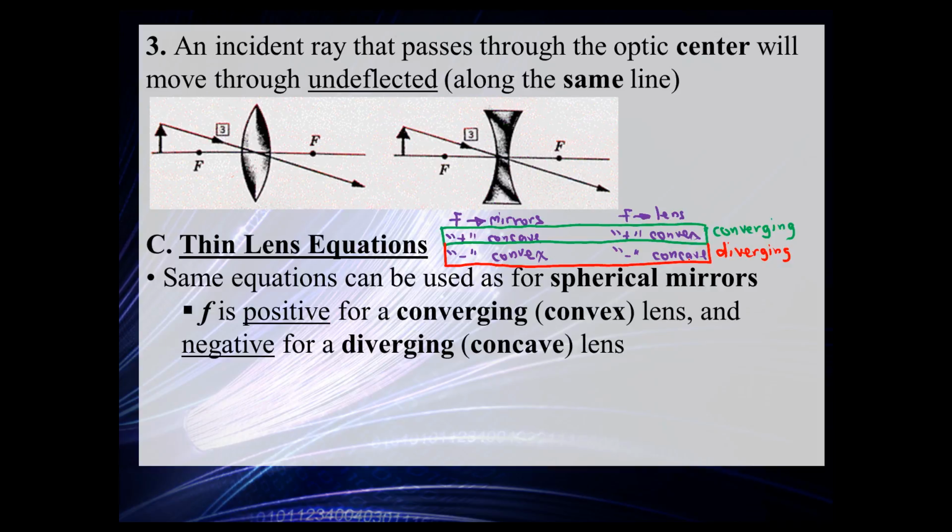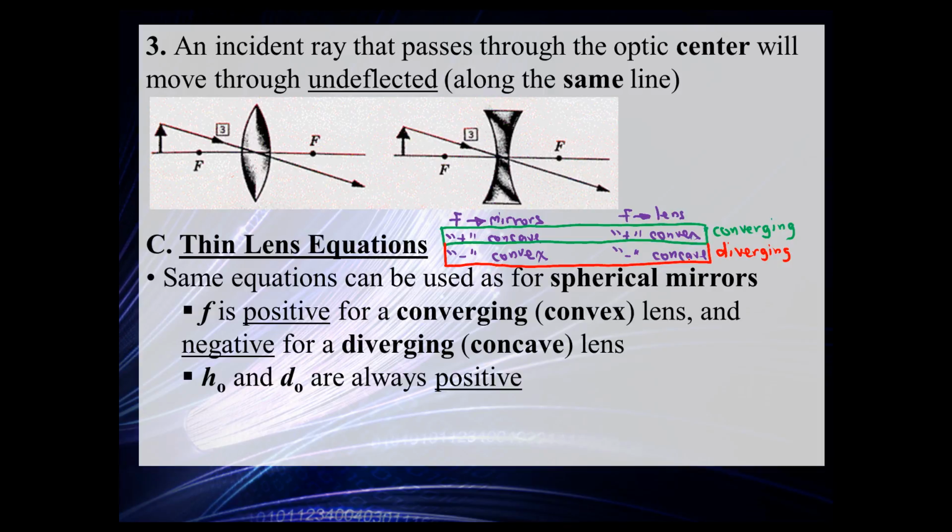So you can memorize it just by asking yourself, what is a converging device and what's a diverging device? Converging devices are going to have light either reflect towards or refract towards a focal point, and diverging devices would have light reflect away from or refract away from a focal point.